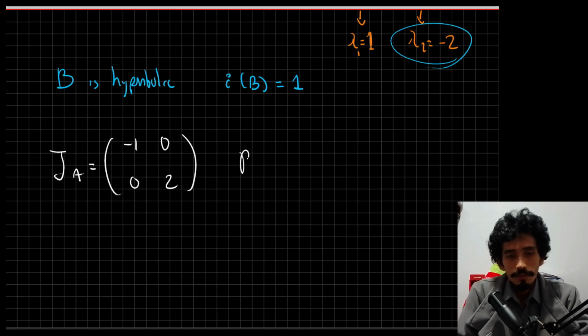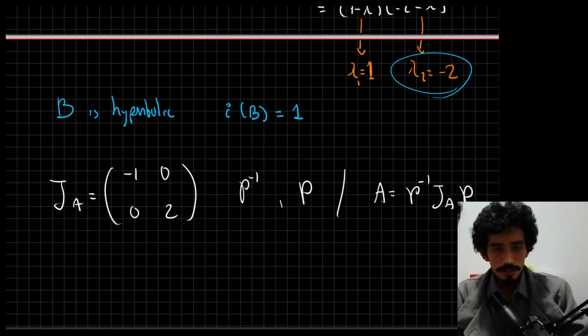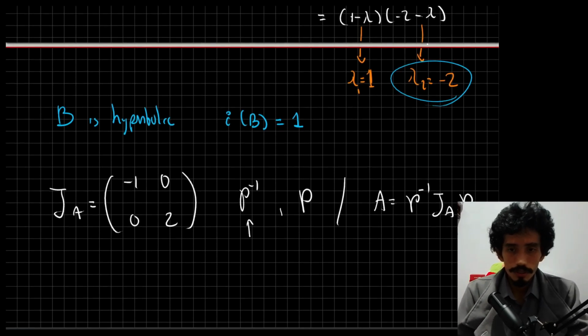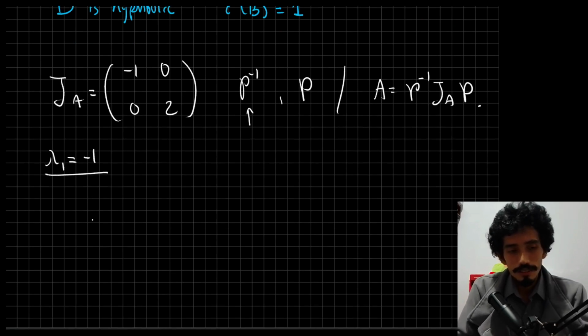Now we need to calculate P inverse and P on those two matrices, such that A is equal to this thing, right? To calculate the first one, we analyze the first eigenvalue and find its eigenspace, I mean its null space.